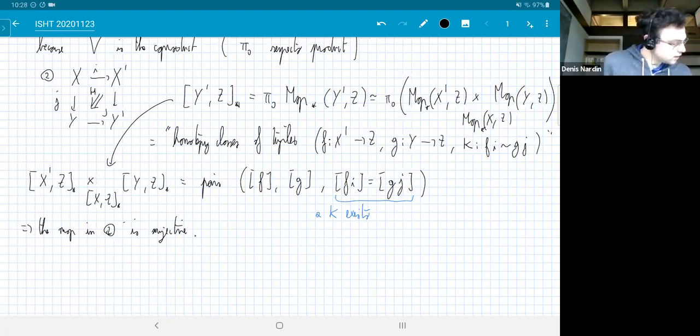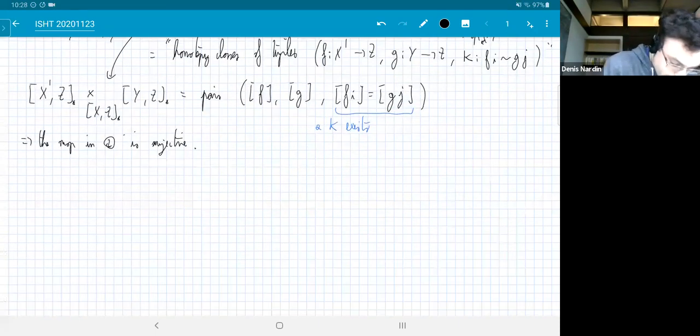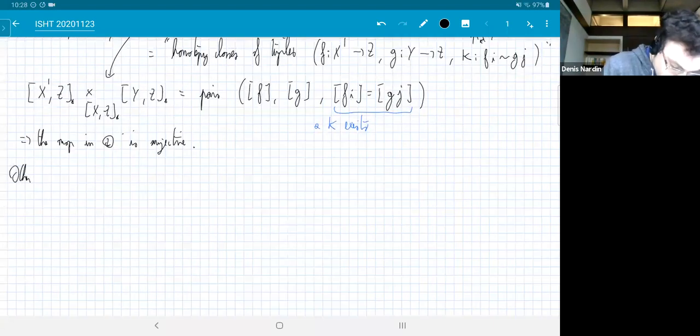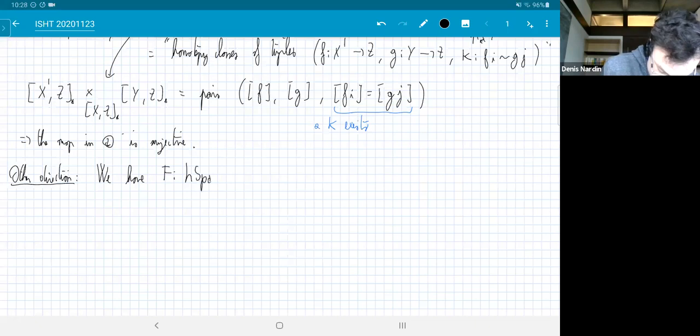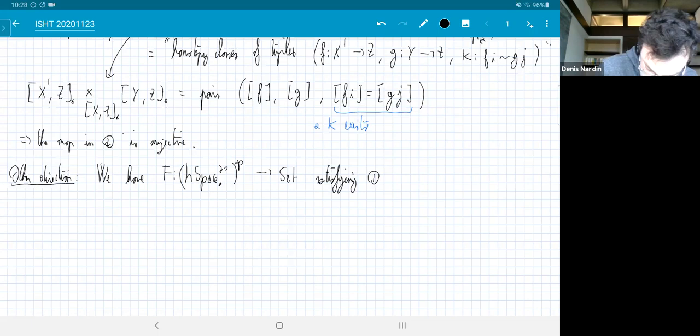So now we have the other direction, and we have f of set satisfying 1 and 2. The trick is going to prove something both weaker and stronger at the same time.